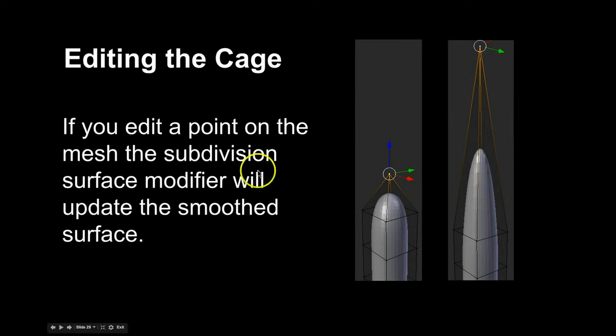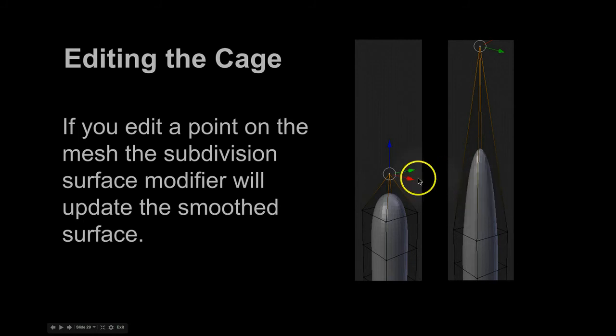If you edit a point in the cage, in the outer mesh, the inner surface will move as well. Let's take the point at the tip and move it up a few units.